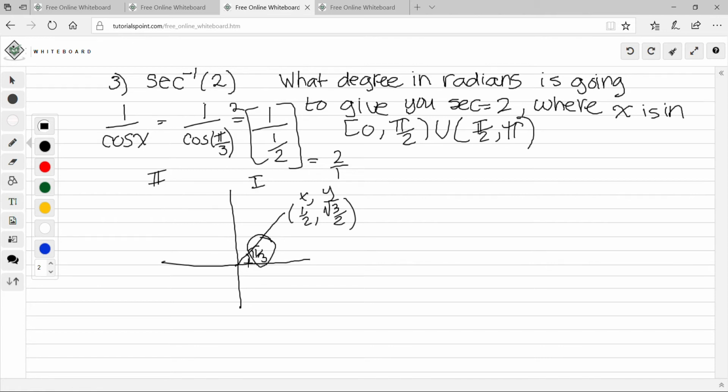The reason why I'm not going to use 2 pi over 3 is because cosine is -1/2, right? We want a +2. If we use -1/2 here, we would get a -2. So we can't use 2 pi over 3. So our only answer is pi over 3.